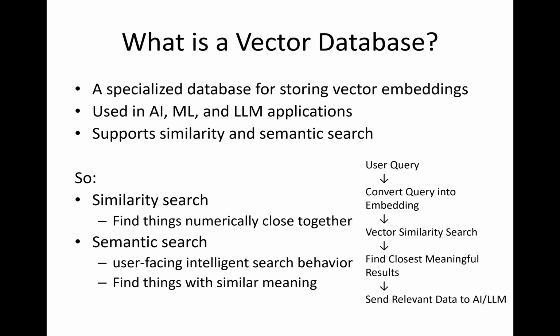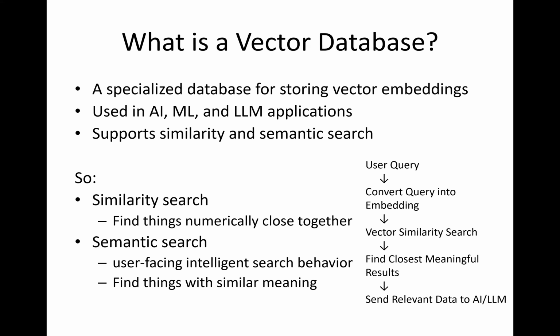So similarity search is where similar vectors, which are closer together based on their distance, are found, so that it finds the similar vectors in the vector database.